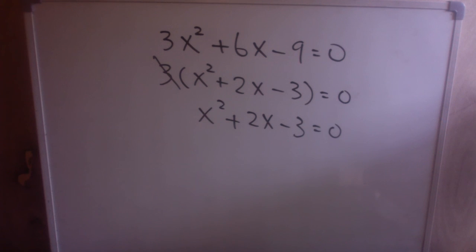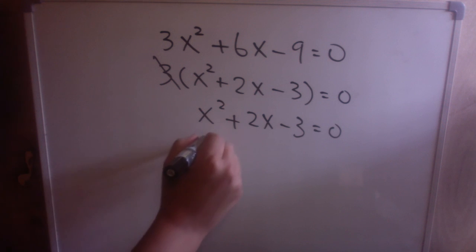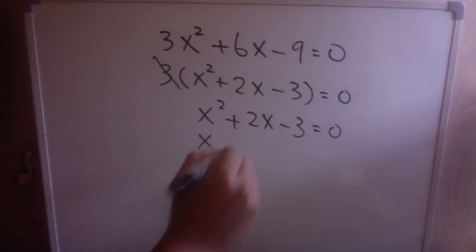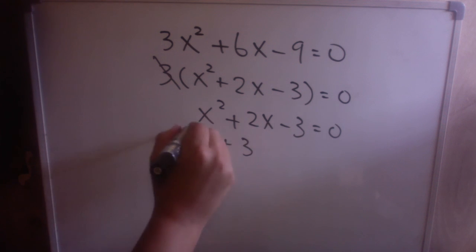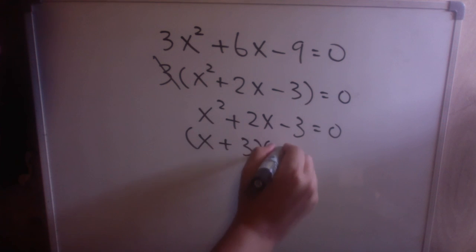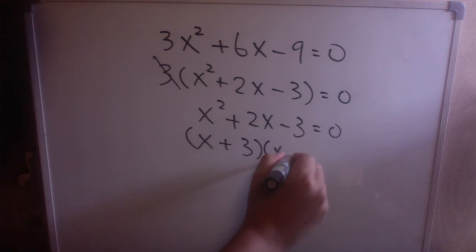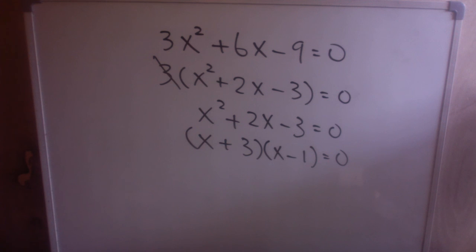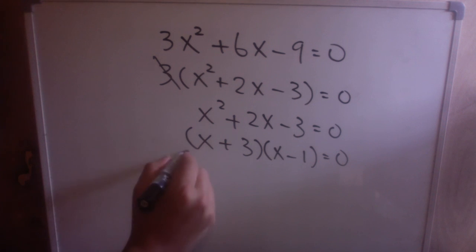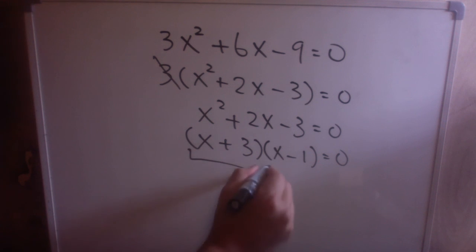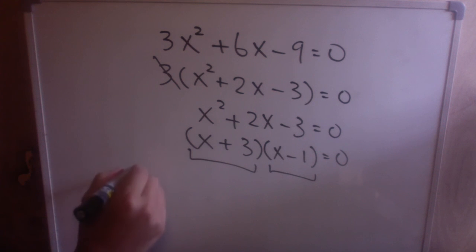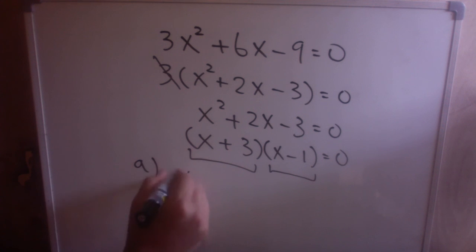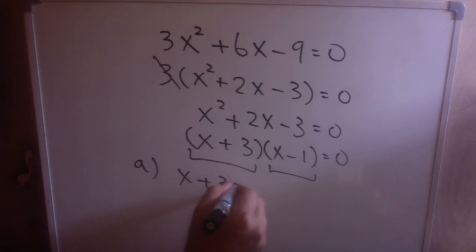And now we can factor the left-hand side again. So that would be x plus 3 times x minus 1 equals 0. So again, this part has to be equal to 0, or this part has to be equal to 0. The first part is if x plus 3 is equal to 0.